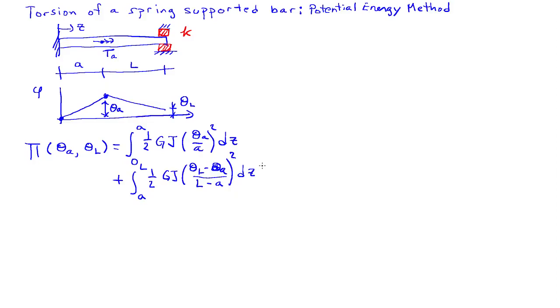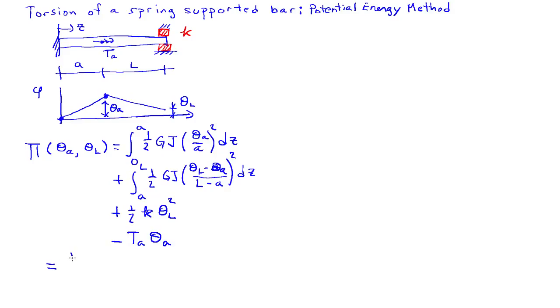There's also stored elastic energy in the spring, so it'll be 1/2 K theta L squared. And we also have the potential of the load, so minus the applied load, T_A, times the rotation at that point, theta A. So we can go ahead and compute these integrals if we want. The integrands are all constant, so it's relatively easy.